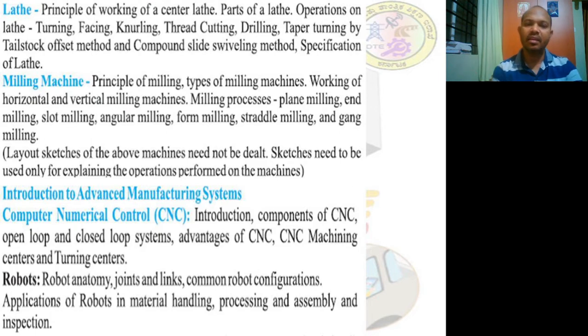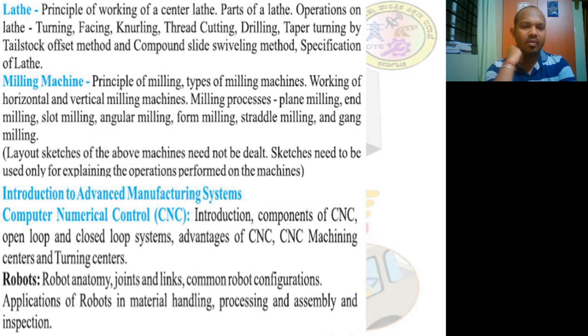There are two different types of CNC systems: one is an open loop and the other is a closed loop system. We will talk about the advantages of CNC and CNC machining centers and turning centers.